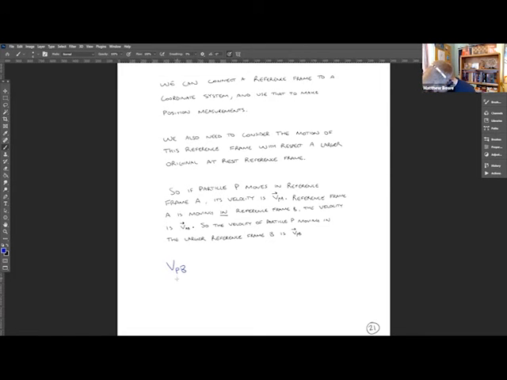So how fast is the ball or the particle moving in total? That is going to be adding these two velocities together.